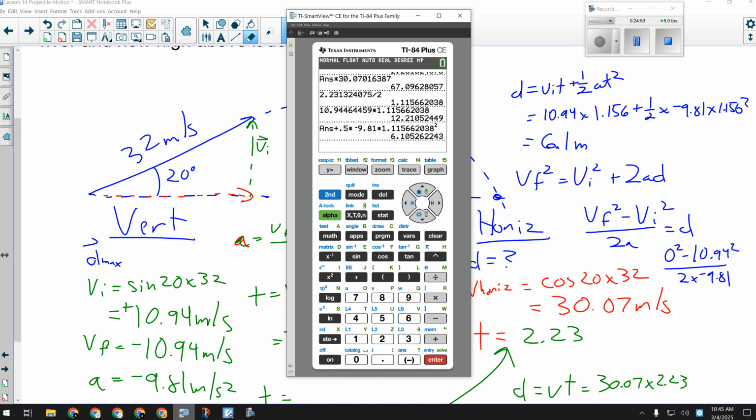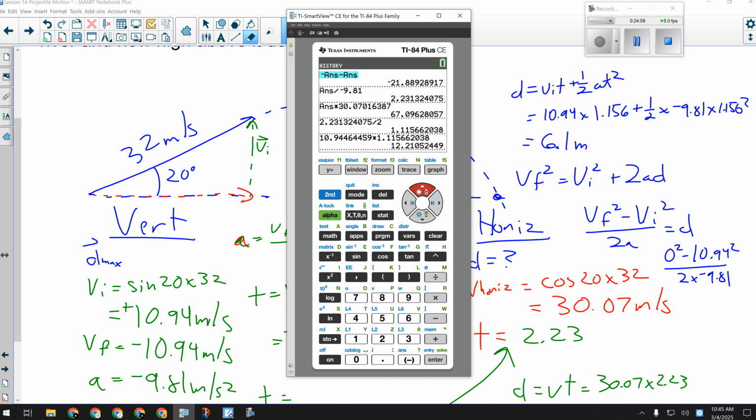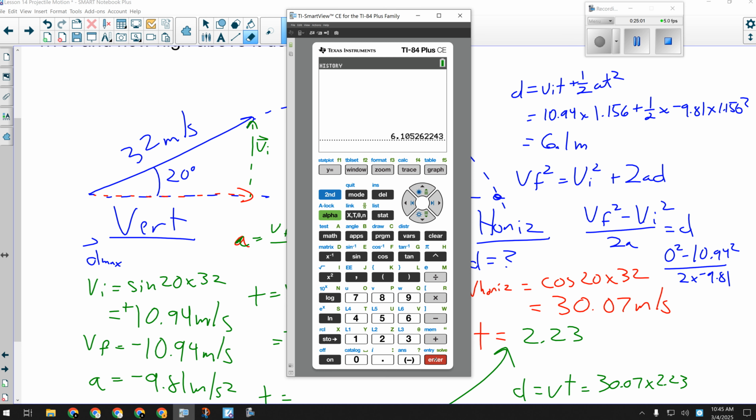So 0 minus 10.94 squared, divided by 2 times negative 9.81. It is exactly the same number as it should be.